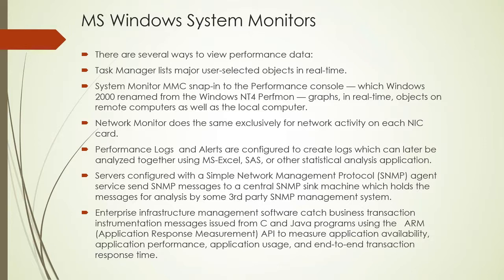Earlier days they had Application Response Measurement APIs. Nowadays we have the APM tools, right? Earlier they had the SNMP protocol agent to be configured to monitor the network tree or the messages, or to analyze the messages coming onto the third party SNMP system. Nowadays we have a more sophisticated way of doing that.